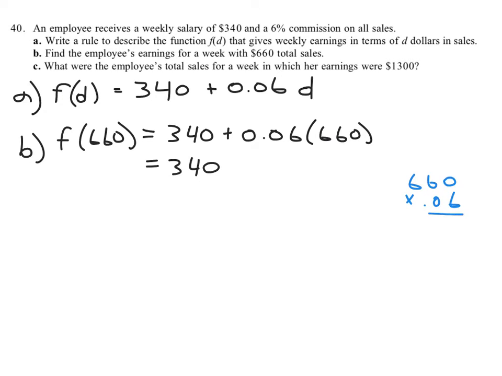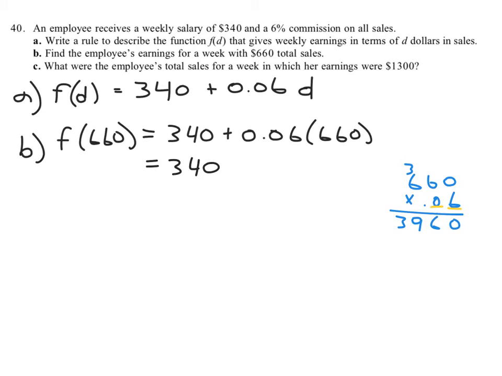660 times 0.06. I get 0, 36, carry the 3, 36 plus 3, 39. And since this is a 0, if I multiply by 0, I'm just going to get a bunch of zeros. So what I really am just having to do now is place the decimal in the right place. How do I do that? Well, in the entire original problem, there are 2 digits that follow a decimal.